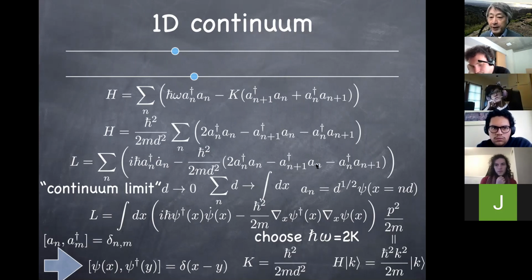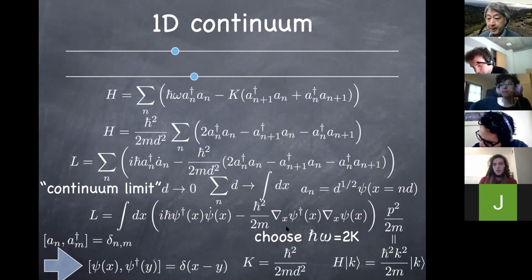All you need to do is literally Taylor expand the field up to the second derivative, and you can see how things cancel against each other. Then the second derivative on the field is converted to first derivative using integration by parts. Then all terms end up being of this form at the end of the day. And you will verify that yourself in the new homework problem. I hope that answers the question, Asha.